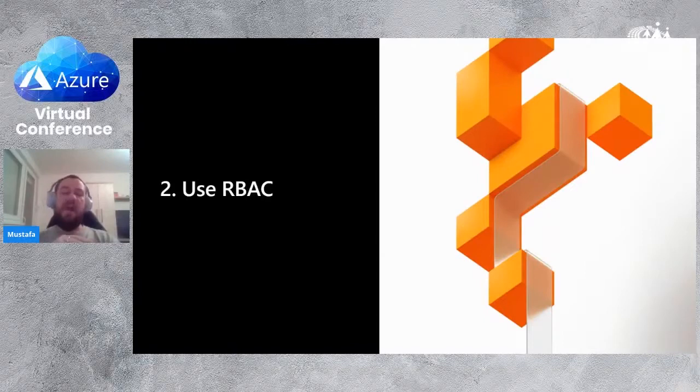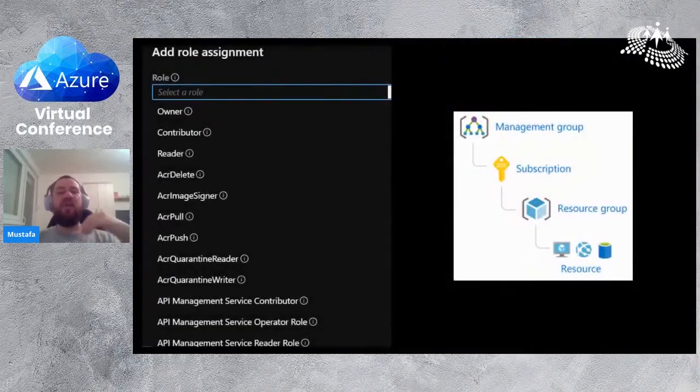It was completely different. Now, role-based access control gave us a lot of different options. It goes from the tenant level, where we can create management groups, and then beneath management groups, we can create subscriptions, then go a step further, create resource groups, and then under resource groups we have resources. All of these levels are different management levels, and we can assign a user access at any level that we want.